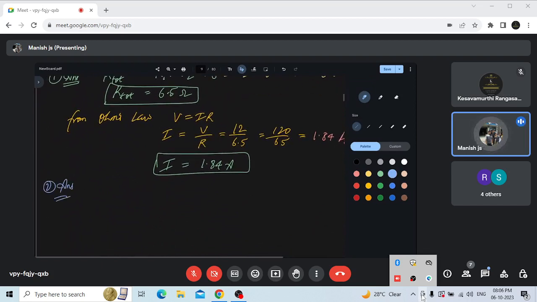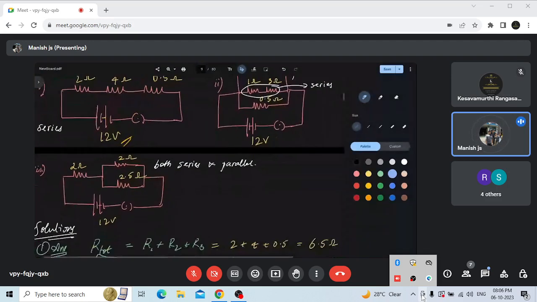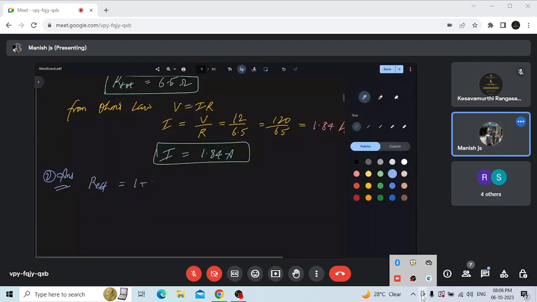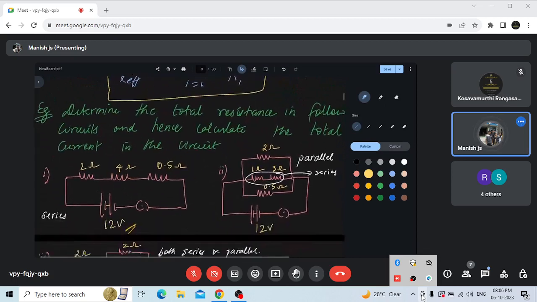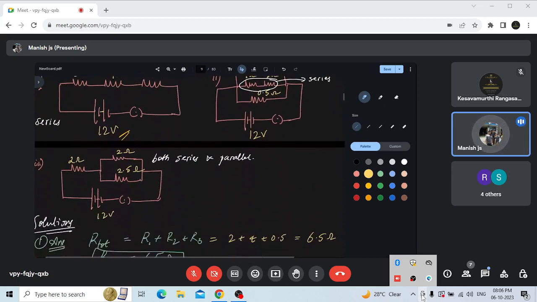So the second part answer, R effective for the series. I'm doing it. So 1 plus 3 is 4. Okay, and then you can see that all the resistances are in parallel, that is 2, 4 and 0.5.